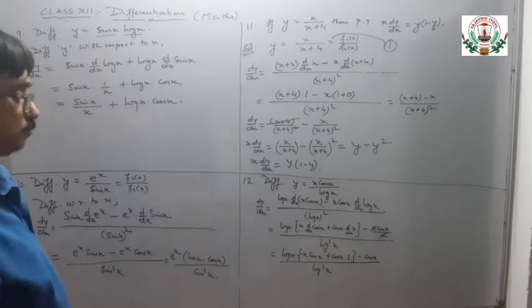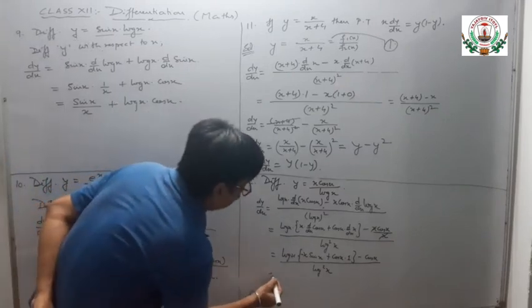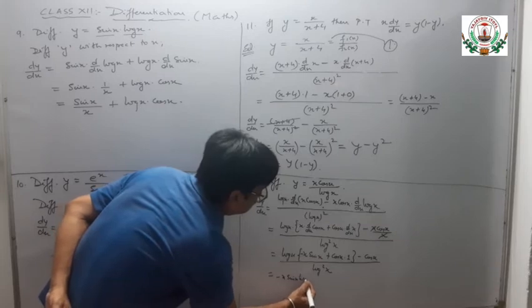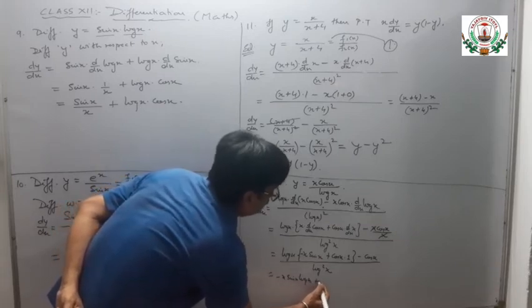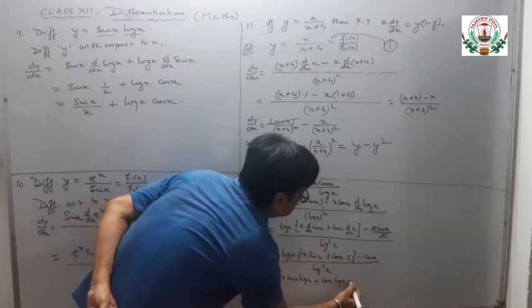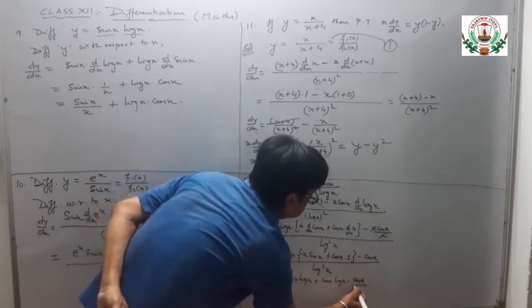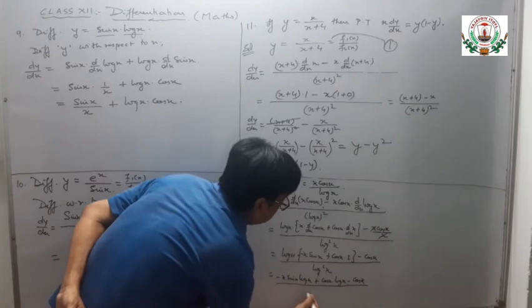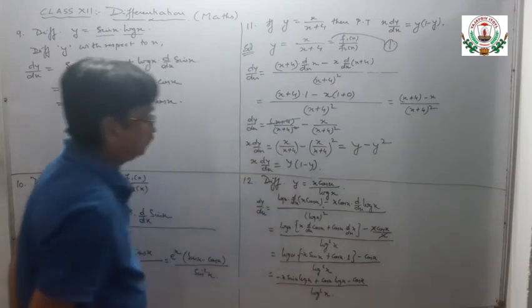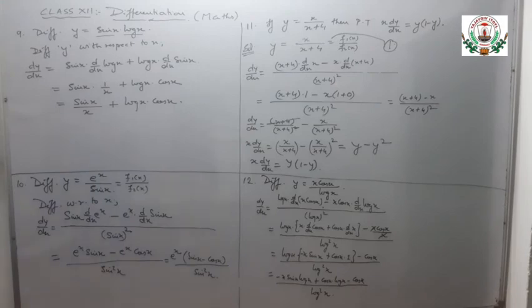If you want to open the bracket, you can open it: minus x sin x log x plus cos x into log x minus cos x divided by log square x. So that is our answer.